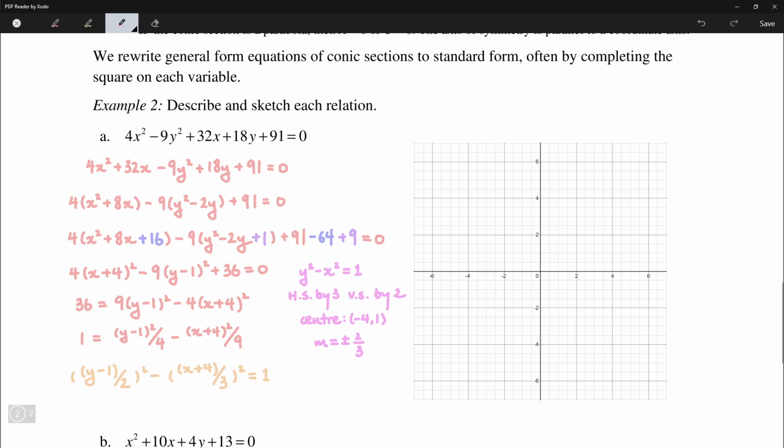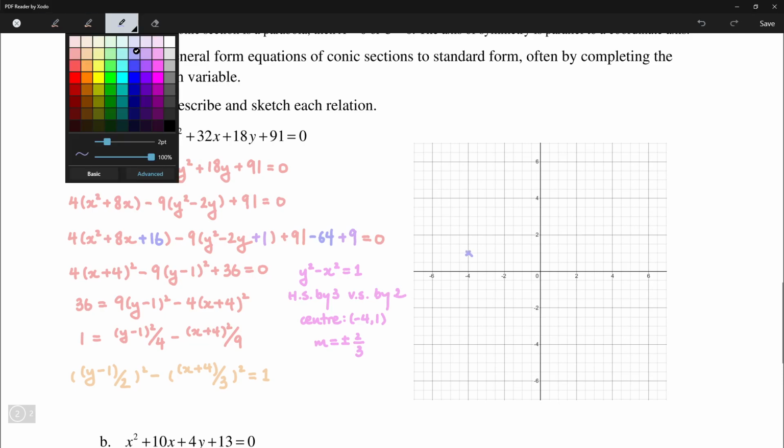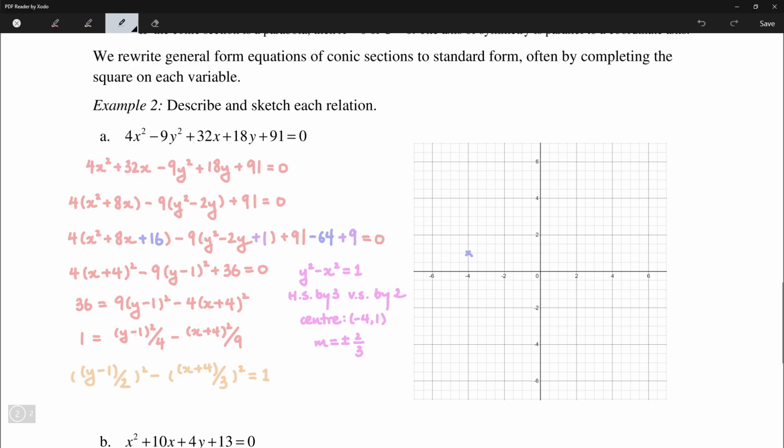Okay, so with all that information, now we can go ahead and first start by drawing the center, which is going to be negative 4, positive 1, so right here. Next are the two asymptotes. So again, 2 over 3 is the slope.